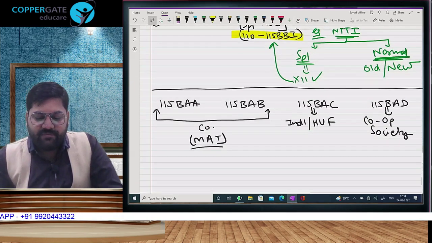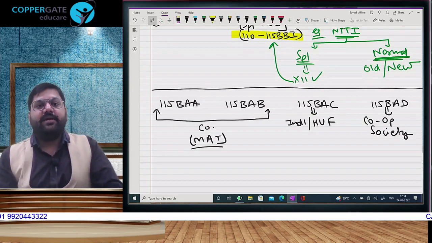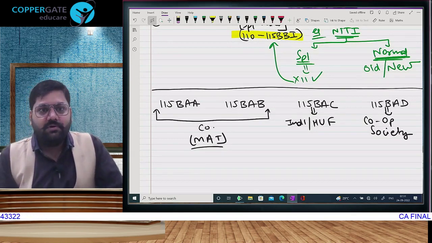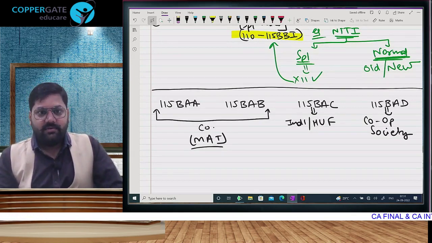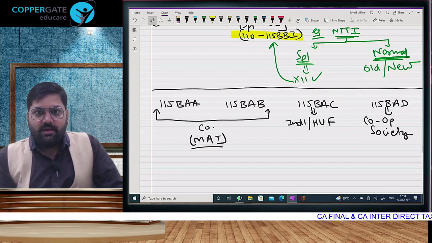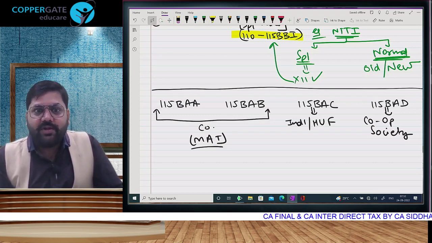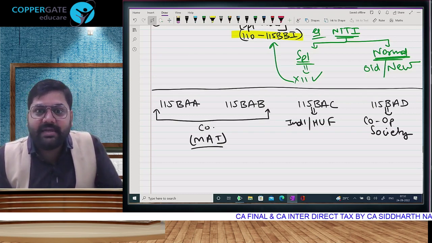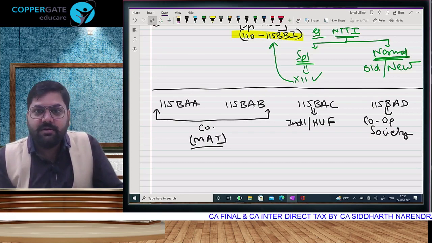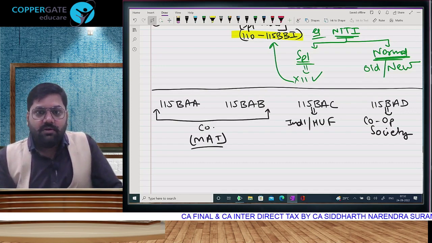And that means 115BAA, BAB, BAC, BAD, they are all a part of chapter 12. They fall in the range. In the features of the new taxation regime, have I told you that chapter 12 will be applicable even when you opt for the new regime? Yes or no? That was my simple explanation to you.